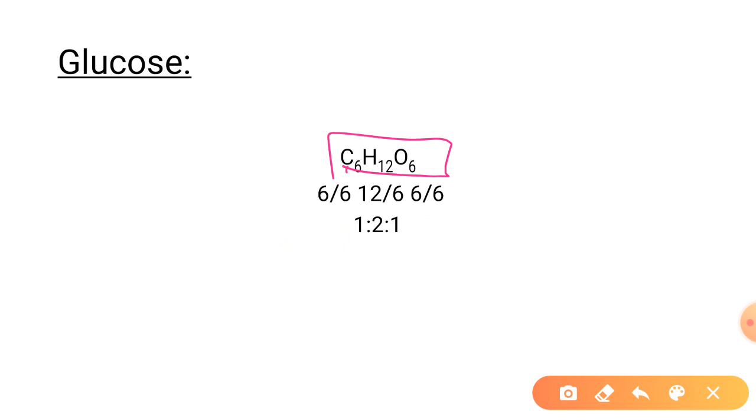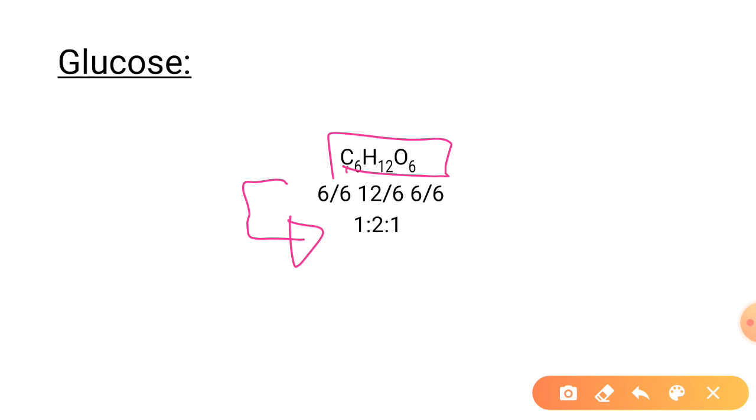Yes, you can simplify this by dividing by a smaller number, which is 6. As you can see here, 6 is divided by 6, 12 again by 6, and 6 divided by 6 to get its simplest ratio, which is 1:2:1.